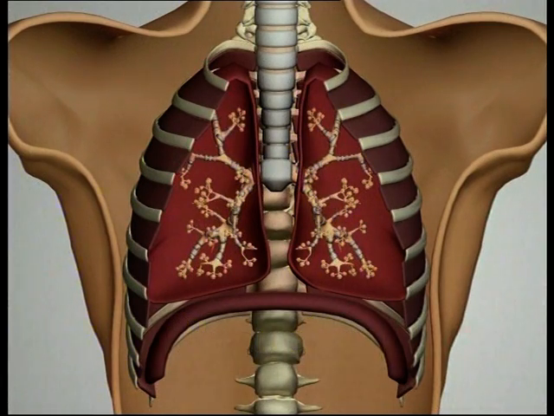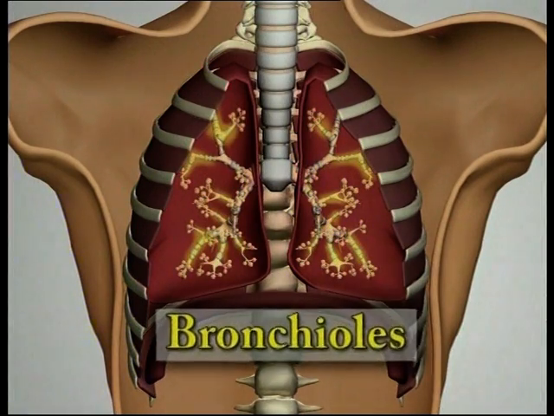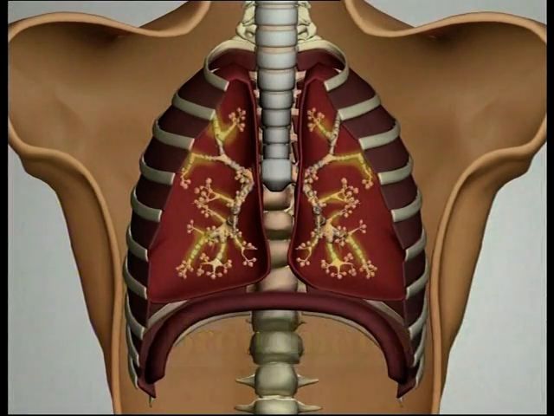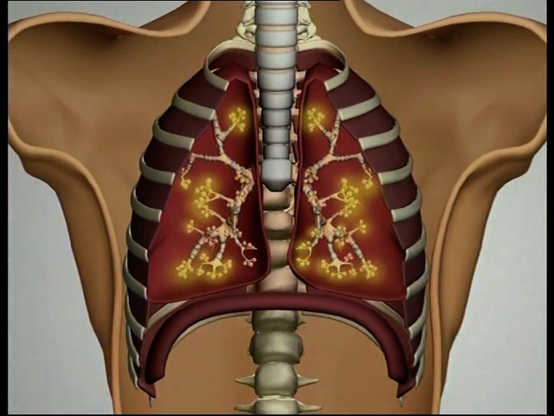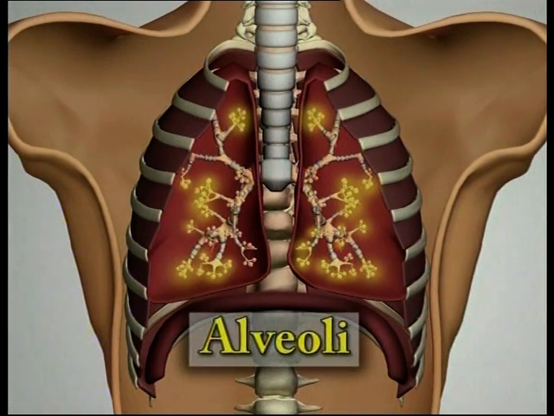In the lungs, the bronchi branch to form many smaller channels called bronchioles. At the end of these bronchioles are tiny sacs clustered like grapes. These sacs are known as the alveoli and are packed throughout the lungs.